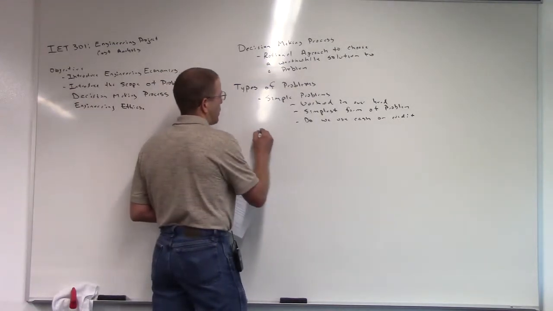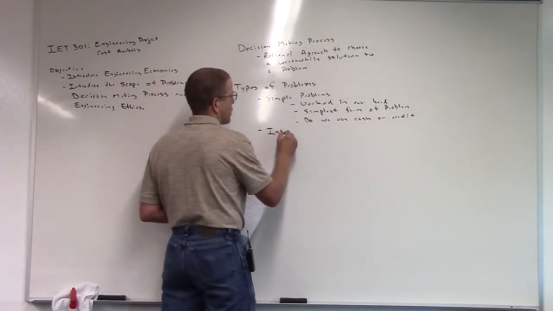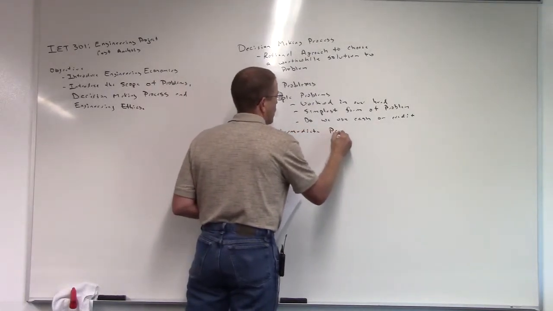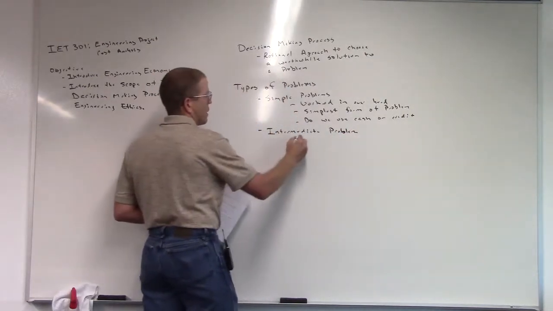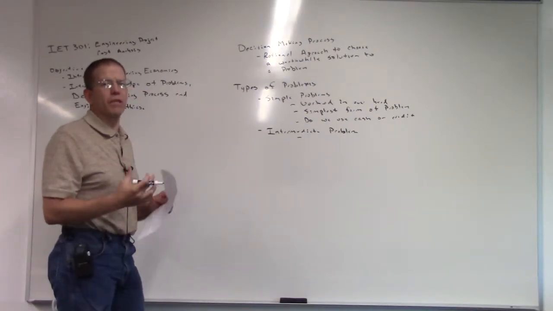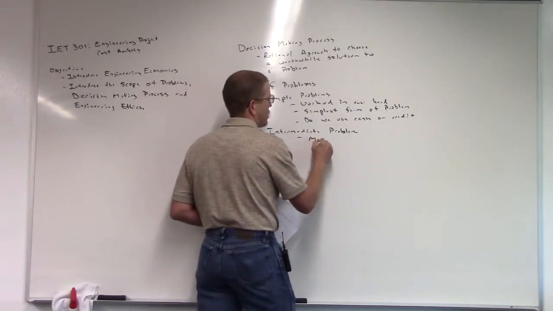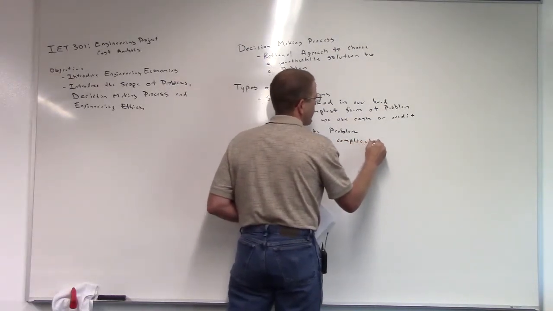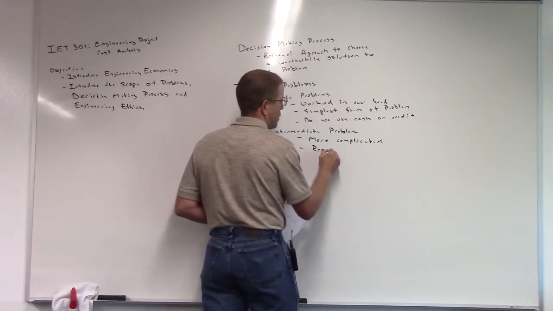The second type of problem is the intermediate problem. This is not necessarily a super complex problem, but it requires some type of system to analyze. So more complicated, and requires analysis.